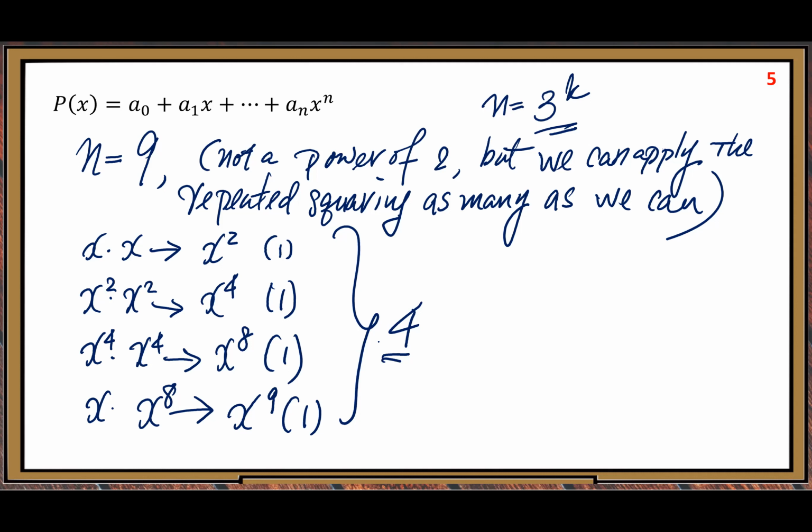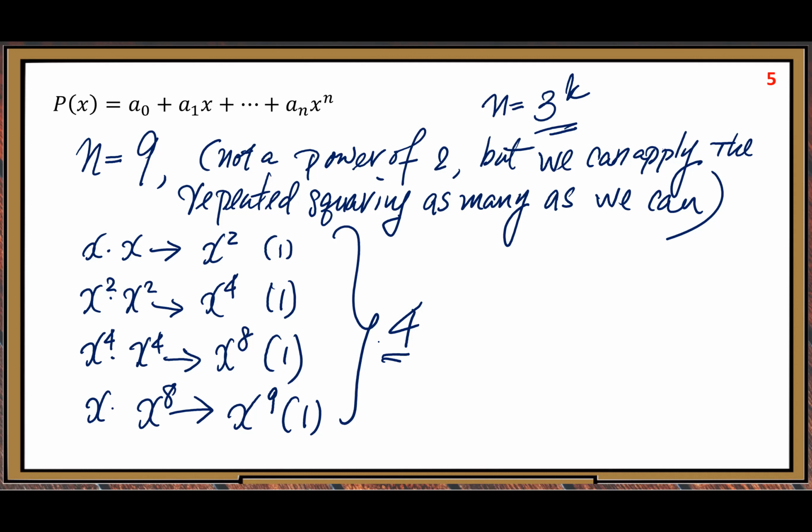By repeated squaring operations, the best we can do is 4 multiplications. Now let us try repeated cubing.